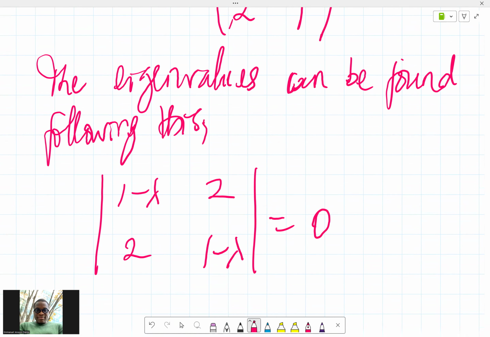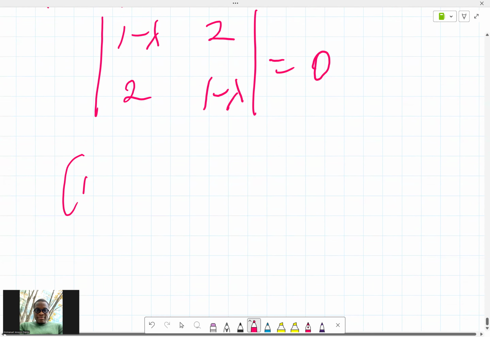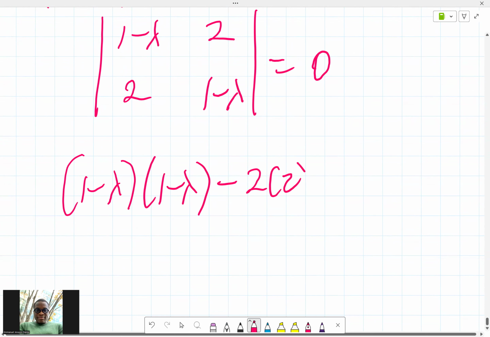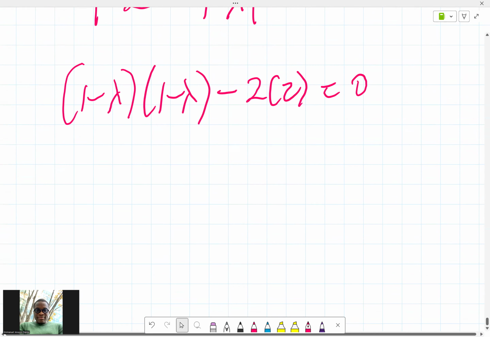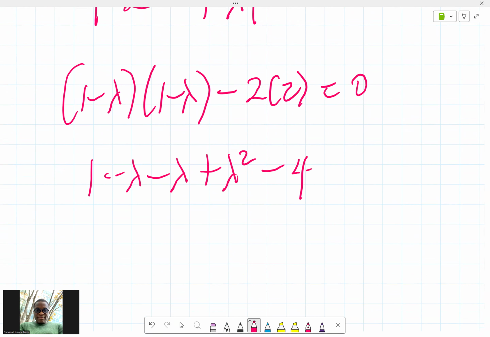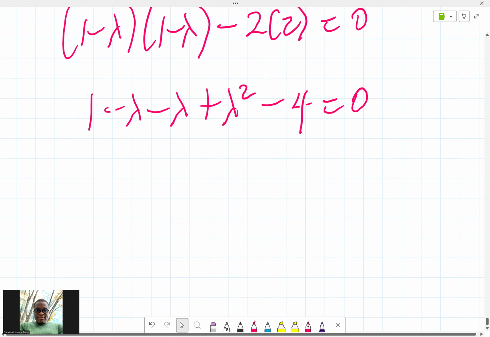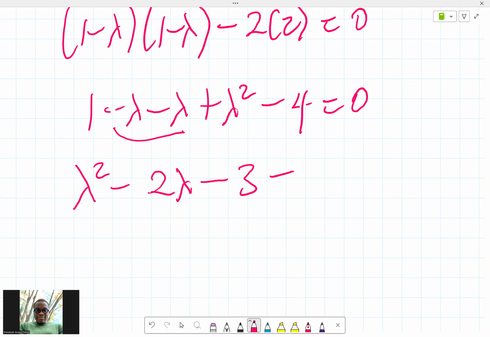The determinant of this is equal to 0. So that means we have 1 minus lambda into 1 minus lambda minus 2 times 2, and that is equal to 0. So 1 times 1 is 1, 1 times minus lambda is minus lambda, another minus lambda, plus lambda squared, minus 4 is equal to 0. So that means lambda squared minus 2 lambda, and 1 minus 4 is minus 3, equals 0.